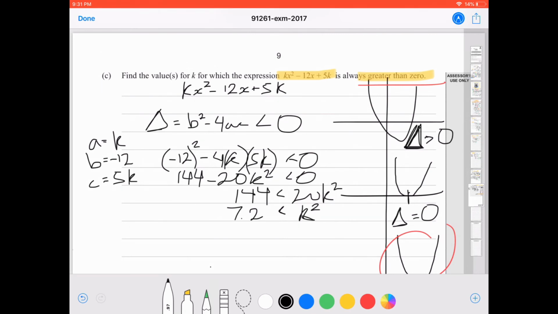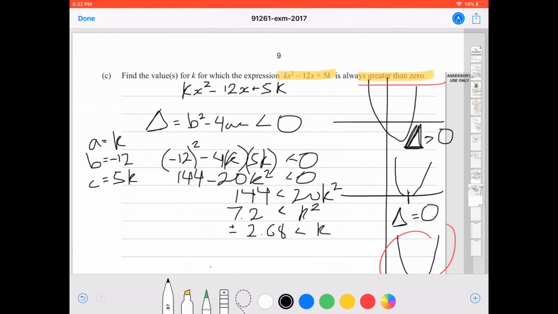We can take the root of 7.2, and what is that going to be? Plus or minus 2.68. 2.68 is greater than, is less than k.